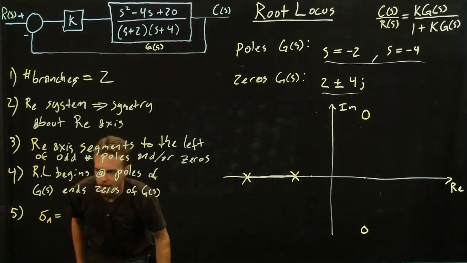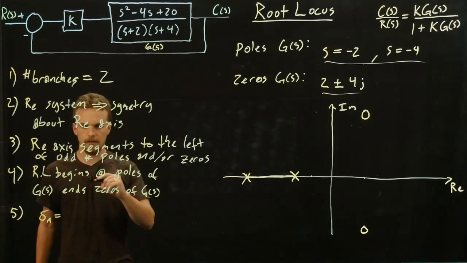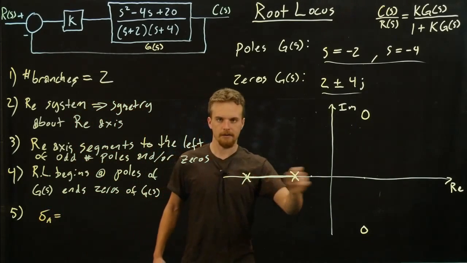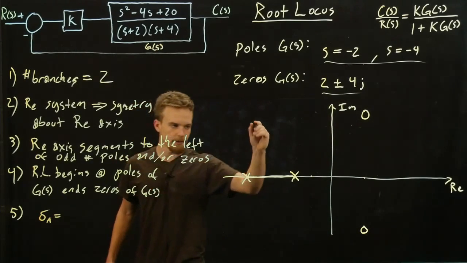So this sigma A, or delta A, will be the point on the real axis, just a number value, where the asymptote starts.